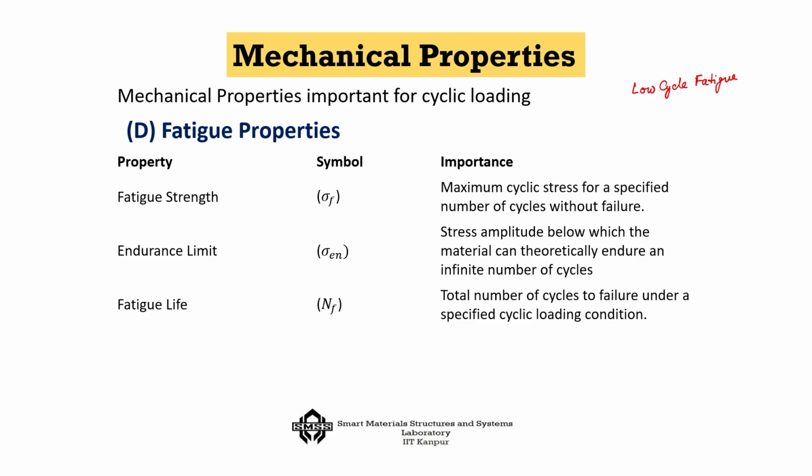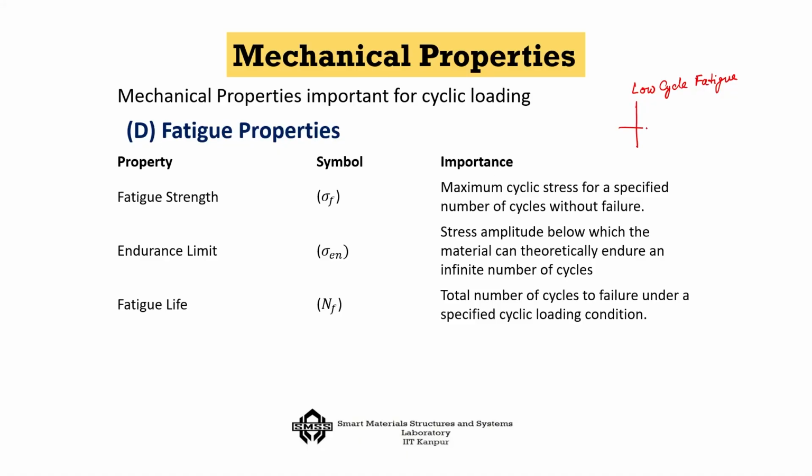Another possibility is, let us say, a shaft which is rotating at a very high RPM, or a blade rotating at a very high RPM. For such a case, if there is any asymmetry in the system, there will be a stress generated in it, and that stress will be repetitive in nature. Because this whole thing is rotating at a very high speed, there is a cycle of high stress to low stress.